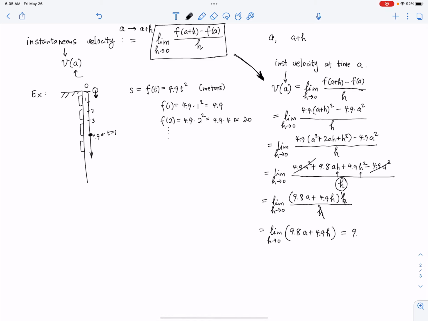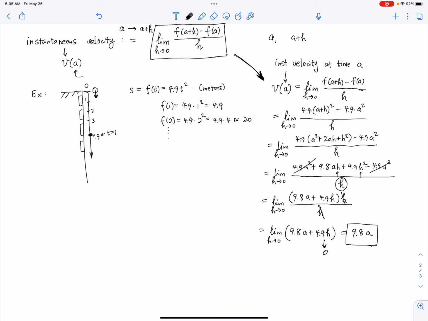Then you just get 9.8a, right, because this term will go to 0. So the instantaneous velocity at time a is equal to 9.8 times a for whatever a number. Okay, so this is the instantaneous velocity.